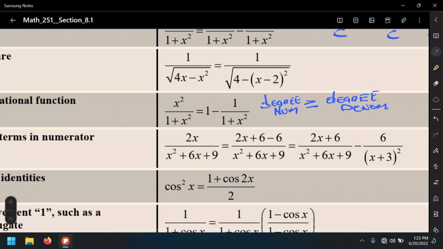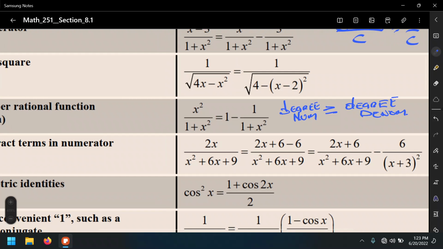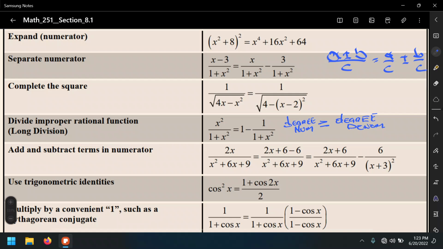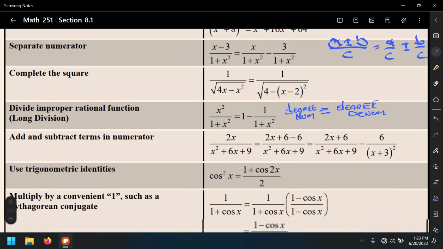Whenever that's the case, polynomial long division has to be done first. Then from there we would be able to do any U substitution that could lead to an ln or arc sine, arc tan, arc cosine, depending on what we have.